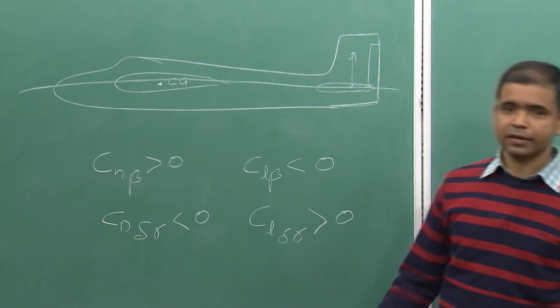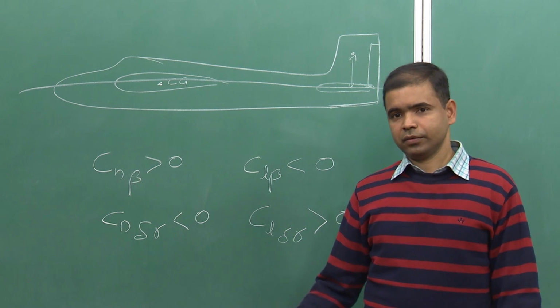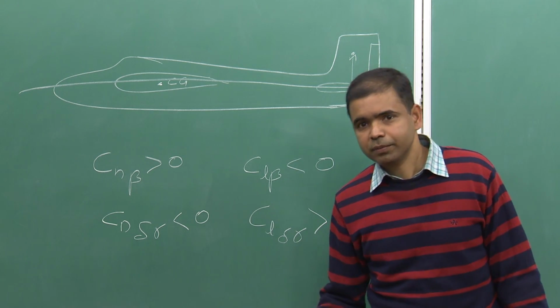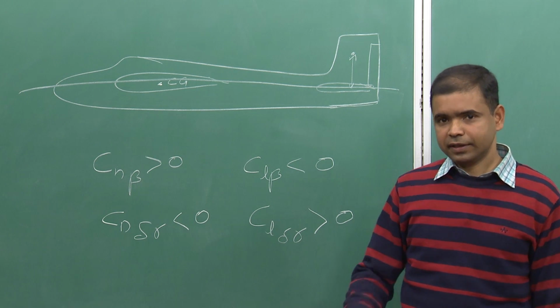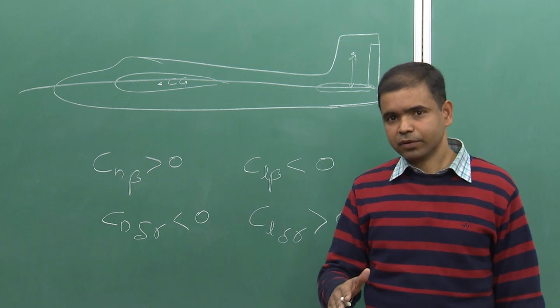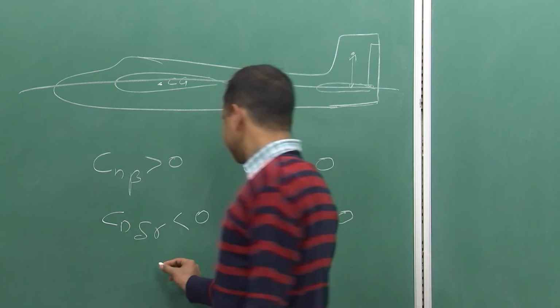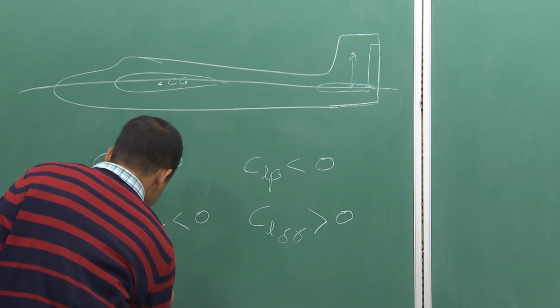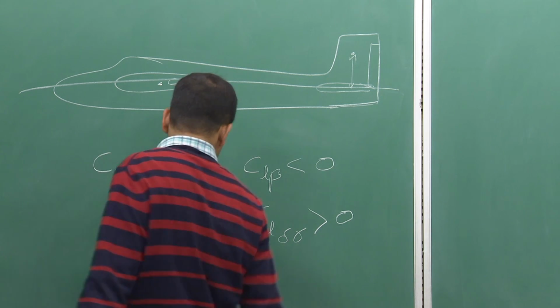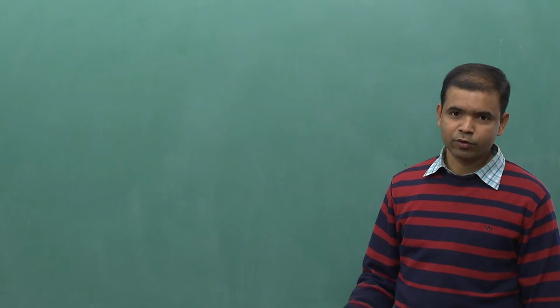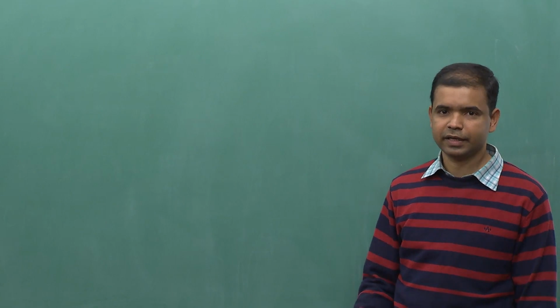and when we deflect the aileron with a positive value, meaning right aileron up and left aileron down, there will be a positive roll. So, we can say Cl delta a is greater than 0. And next, the control derivative Cn delta a.